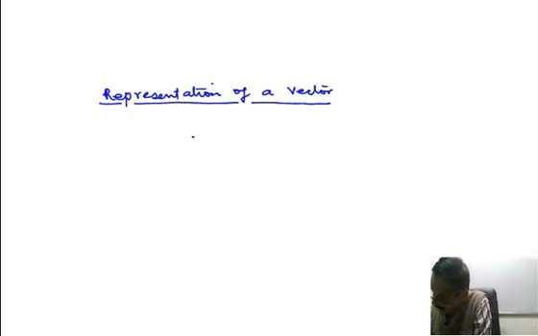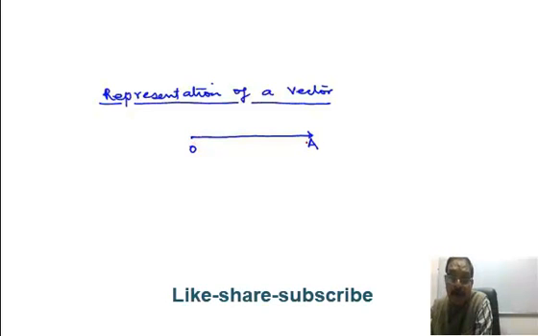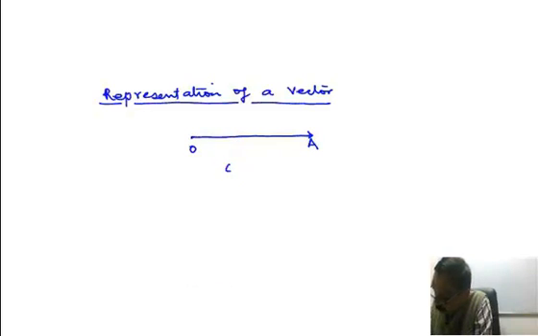Suppose the line segment is this. OA is a line segment and we have given it a direction. Direction is from O to A. Then direction will be represented by this arrow. Now this OA is said to be a vector.